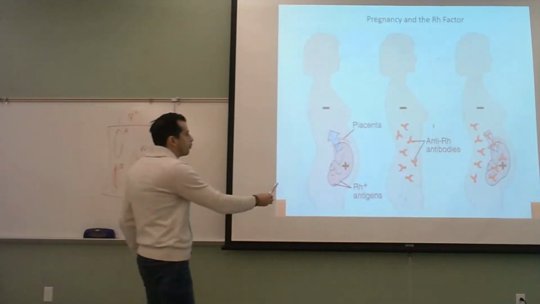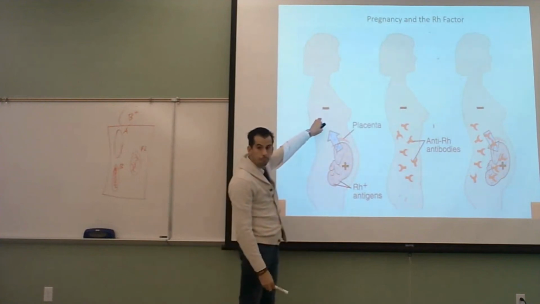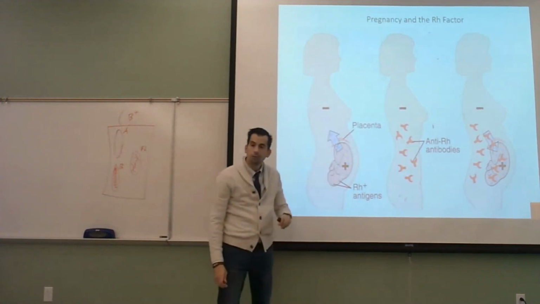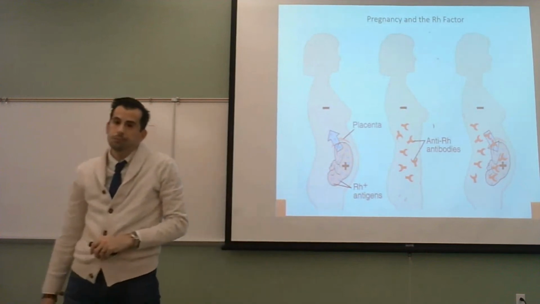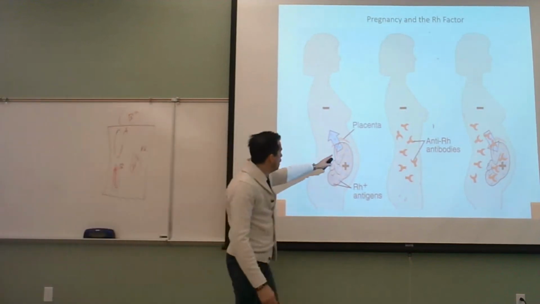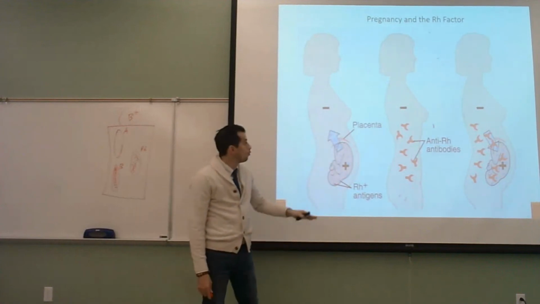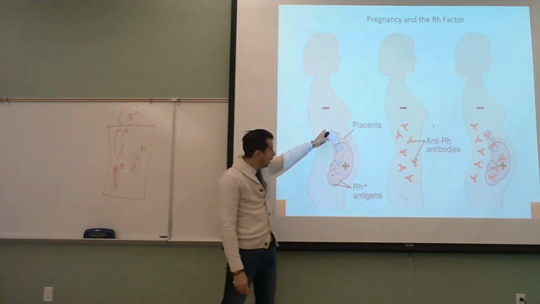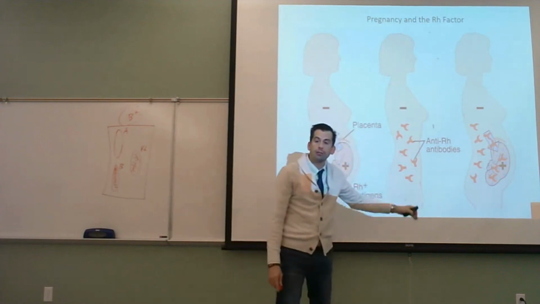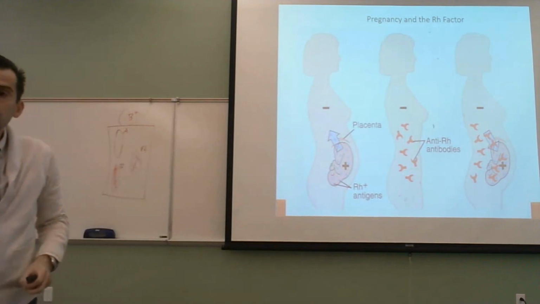So we can have our first pregnancy. Rh negative mom, Rh positive fetus. No extreme blood-blood mixing throughout the development, therefore no antibody production. However, during the birthing process, you are going to get blood-blood interactions.